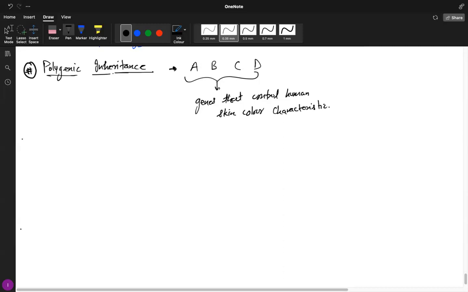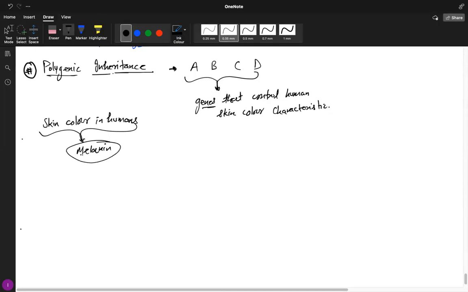Now, how does skin color come? What is the thing that gives color to the skin in humans? Melanin. Skin color in humans, it's not true for all organisms, but in humans, it's because of melanin.